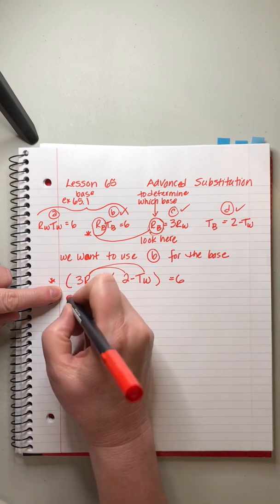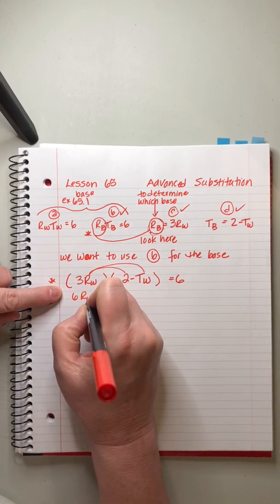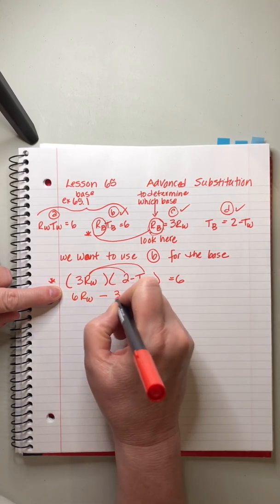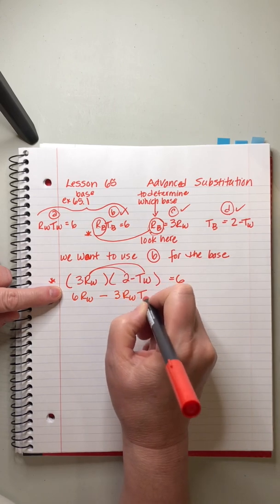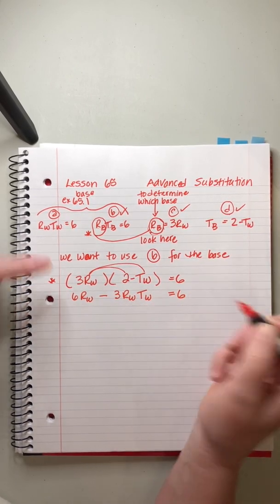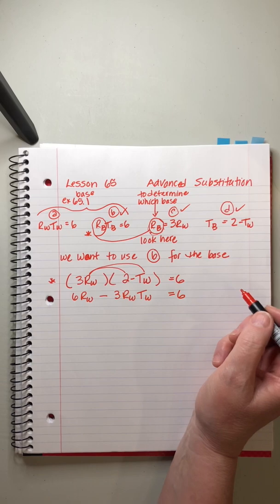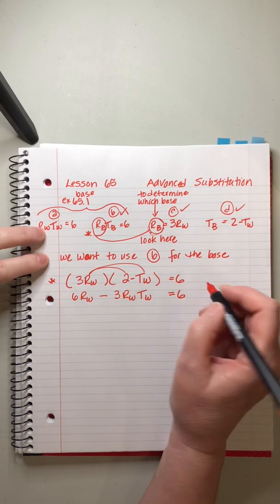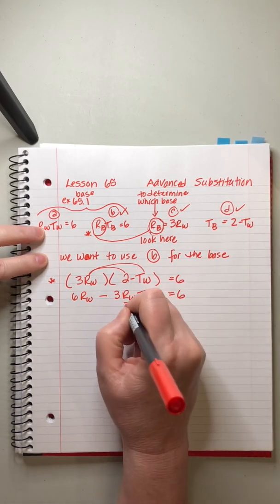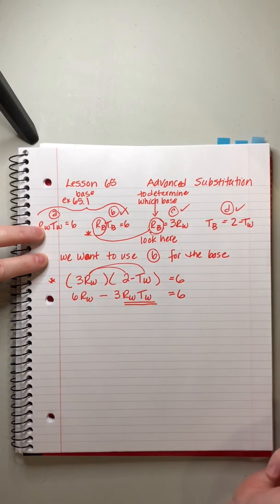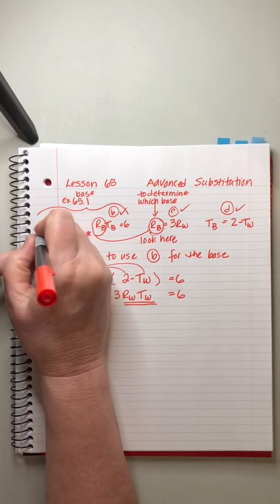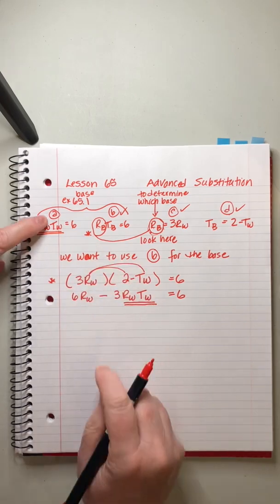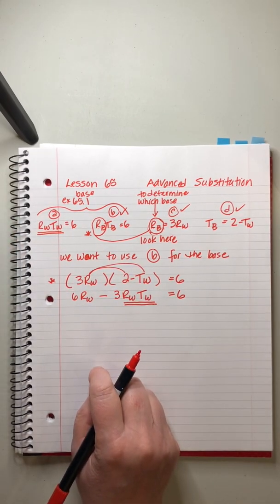Look what happens. We get 6RW minus 3RWTW. And a lot of students want to cry at this point and go, I just made a giant mess. But look what happens. And this will work out every time. We created this new double variable term that matches exactly what's in our equation A, the one we still needed to use, right?